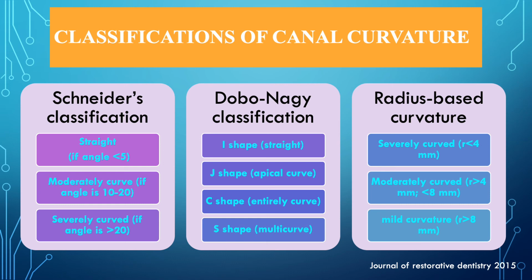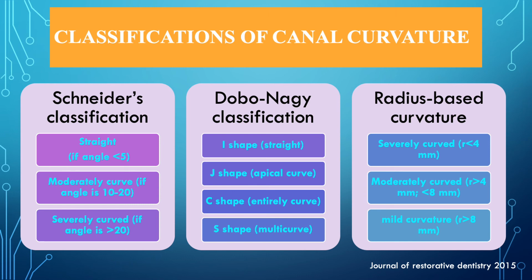Now coming to the Dobo-Nagy classification, it is divided into four types: the straight or I-shaped curvature, a J-shaped curvature or the apical curve, a C-shaped curvature or the entire curvature, and an S-shaped curvature which has multiple curves.